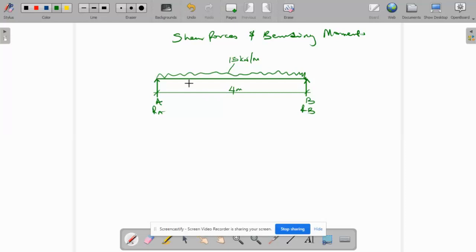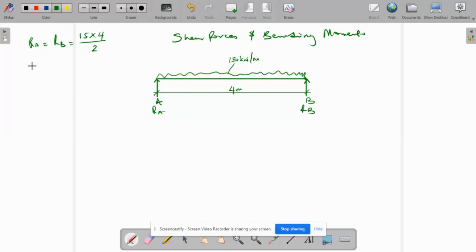Since this load is uniformly distributed and the beam is symmetrically loaded, reaction A is equal to reaction B, and each will be equal to the total load divided by 2. The total load is 15 times the spread, which is 4 meters, over 2.